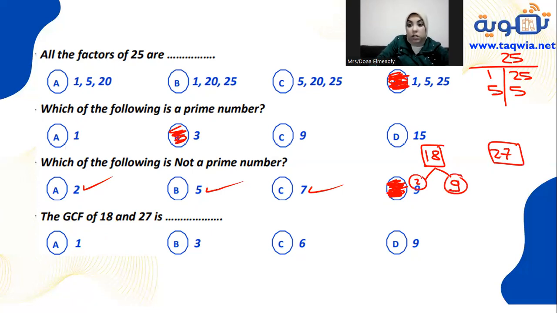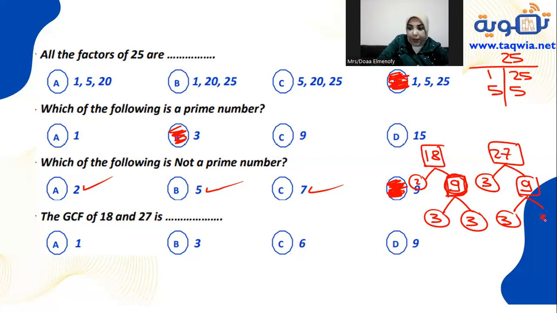And 9 is not prime, so we're going to write it in a square and 2 in a circle. Here 9 is 3 by 3. What about 27? 27 is 3 by 9 and 9 is 3 by 3.